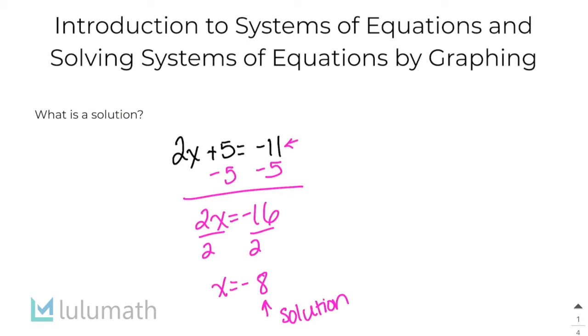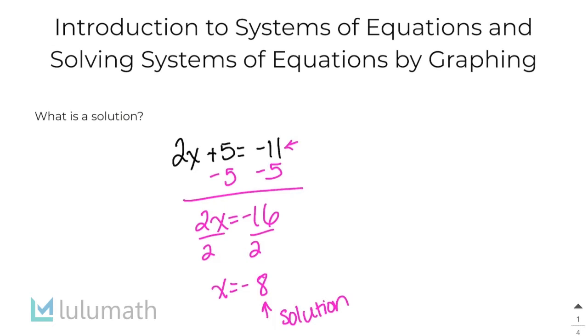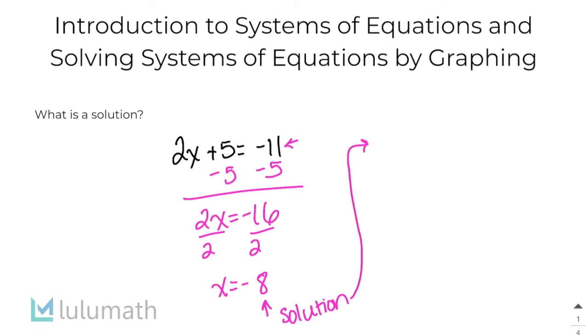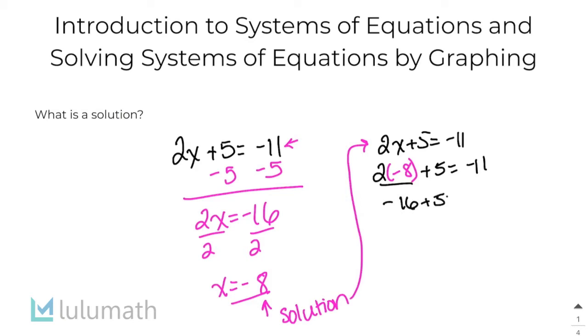Sometimes we have one solution, sometimes we have multiple solutions to something. But the reason why this is a solution is because x equals -8 satisfies this equation, okay? So if I were to replace this x right here with -8, and I were to evaluate each side of my equation, well, 2 times -8 is -16, and -16 plus 5 is -11.